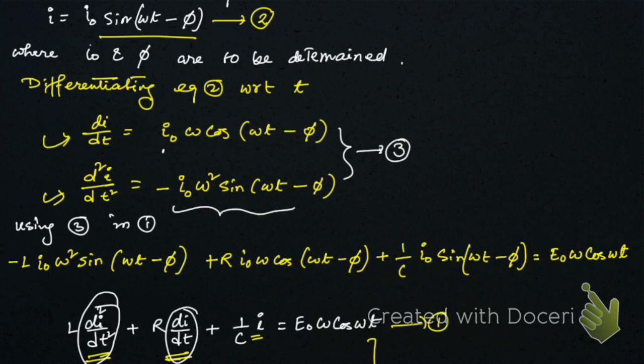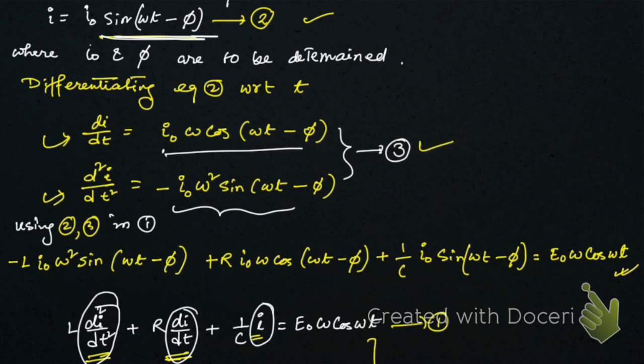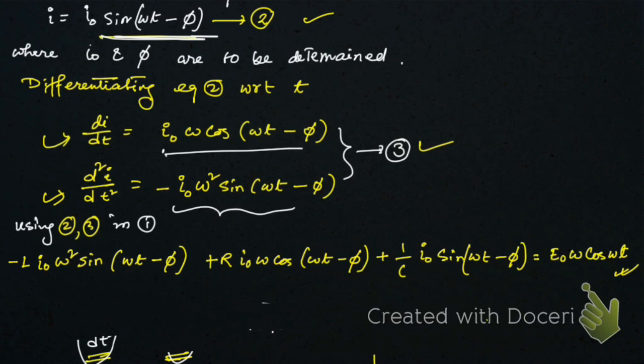And we have replaced this by this value, and also we have replaced this I by this value of I from 2. So not only 3, we have used 2 and 3 both, right? Using 2 and 3 in 1, right? So that's how we have got this equation, putting these two in equation number 1. So we don't need this here, so just let me delete this.